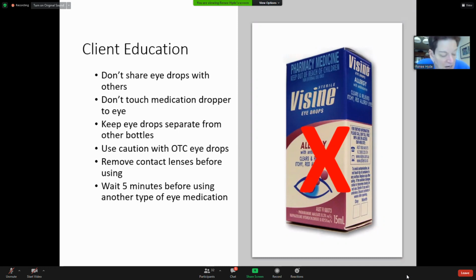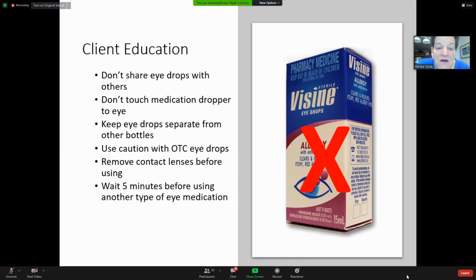One of the things that I will tell you guys is that a lot of your ophthalmic medications have different color tops based on the type of medication they are, so that you can easily recognize them.